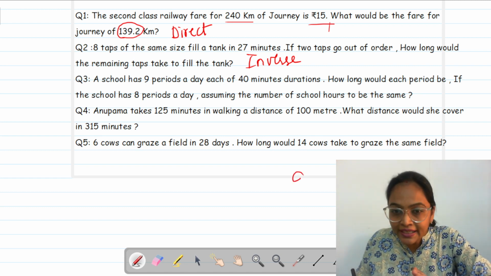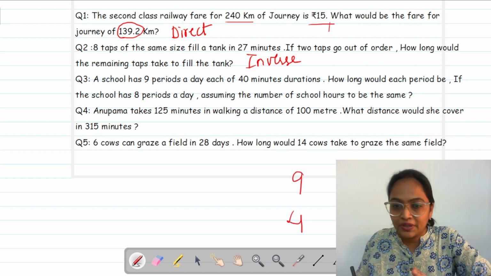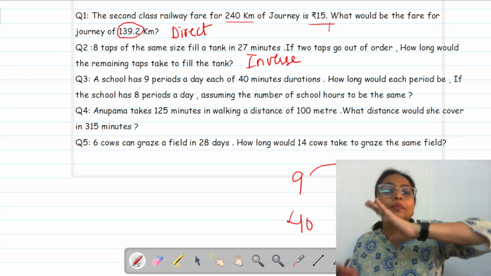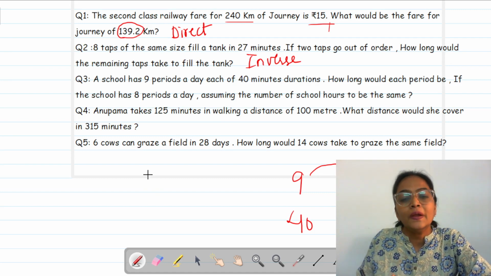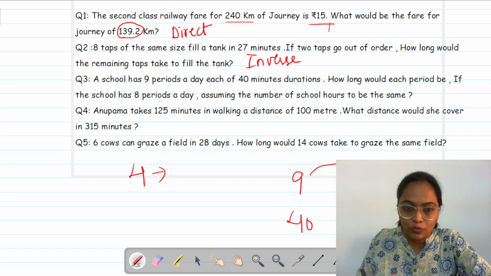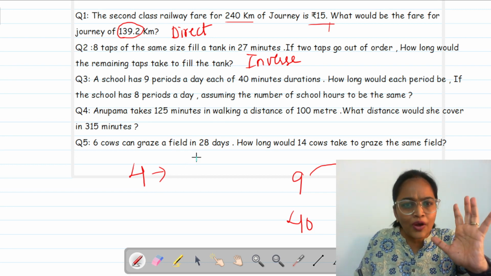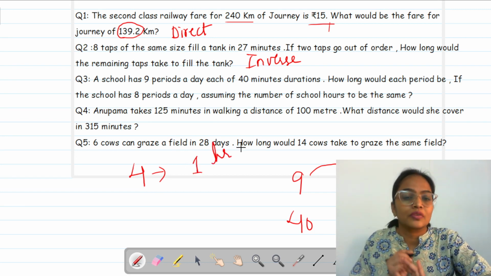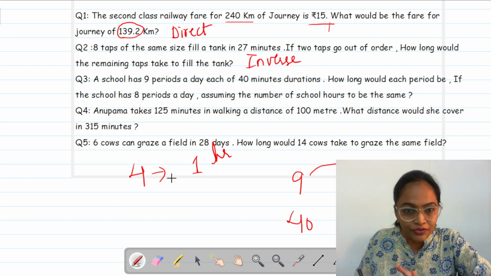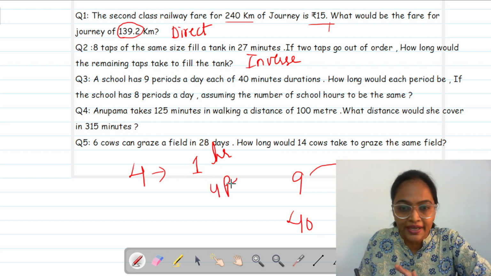Now 9 periods, 40 minutes each, right? Now if the number of periods is decreasing but the school time remains the same, for example, if you have 4 hours of school time, and say 1 hour per period, in this case you will have 4 periods, right?